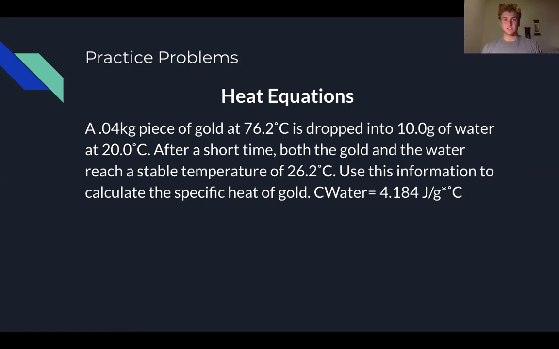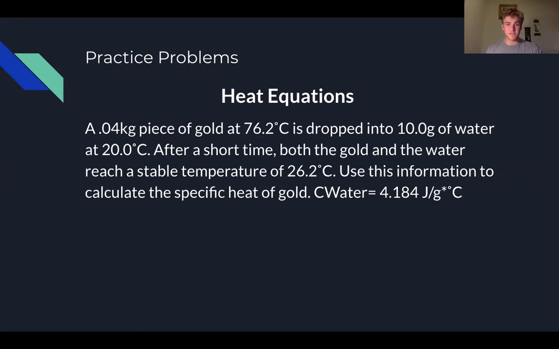I like to visualize it too. So we're dropping gold in, really, really hot gold, boom, drops into the water. The gold is decreasing in temperature because it's releasing heat, and the water, vice versa, is absorbing the heat of the gold. So that's going to raise, and the other one's going to drop.